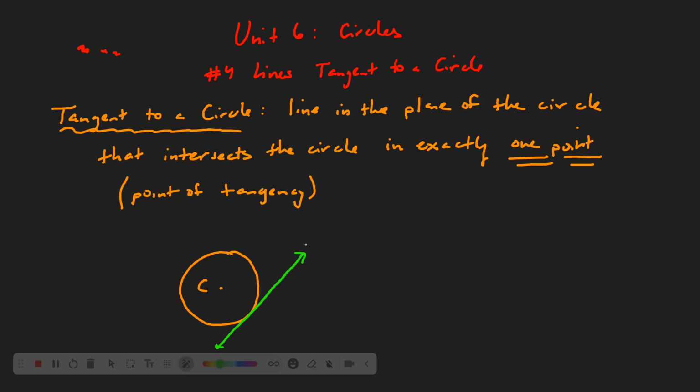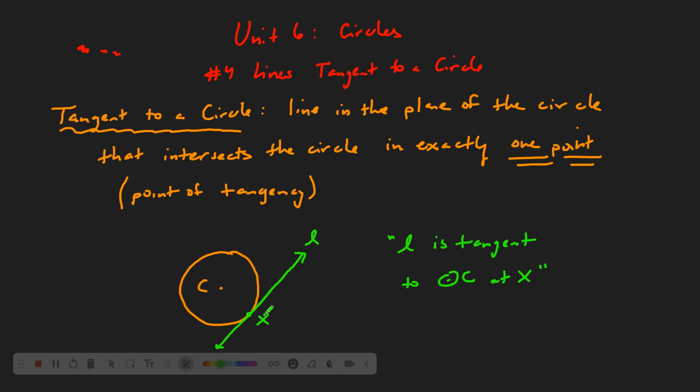So let's call this line L. So let's say that it hits the circle at point X. So we would say that L is tangent to circle C at X. And that point X would be called the point of tangency.